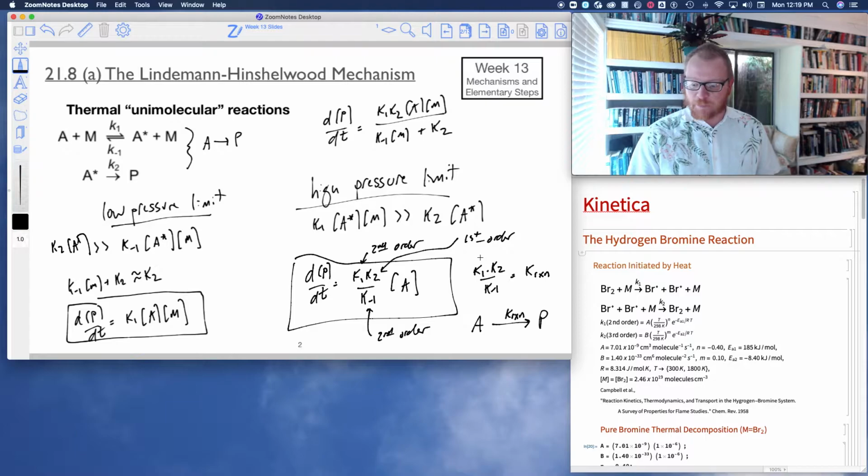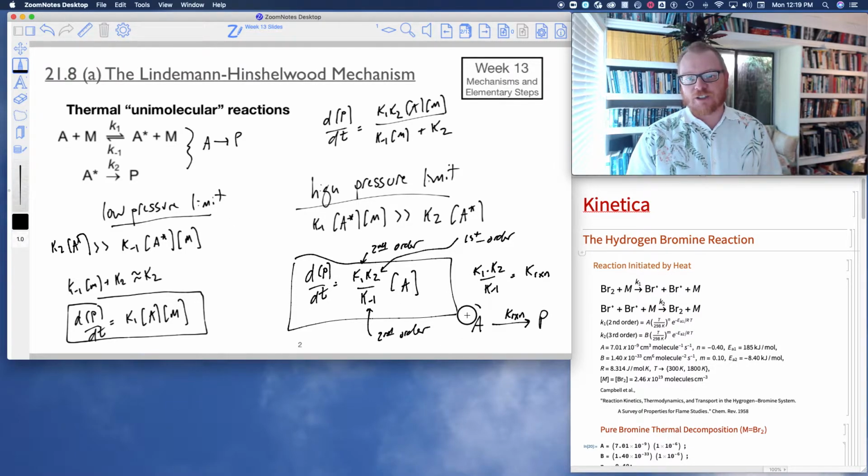Even when we can apply this steady state approximation, you can see under the high pressure limit, the rate limiting step just becomes A star going on to products, because that's what the rate constant becomes. And really, it's not even A star goes to products.